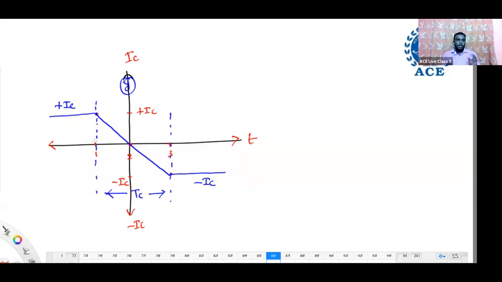Ideal commutation: current reversal and commutator take the same time to shift one segment, so there is no spark at the brush. But we have two more: over commutation and under commutation. Over commutation means current reversal in the coil takes place before the time of commutation.